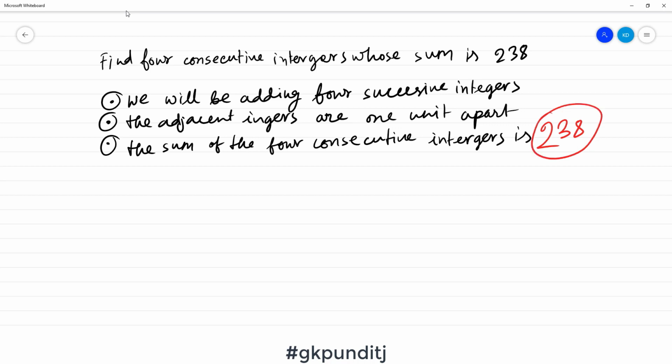The next step is representing the 4 consecutive integers using the variable n.